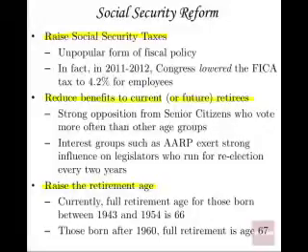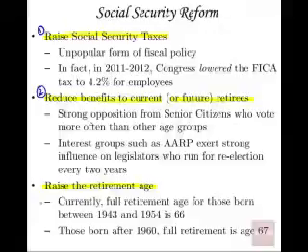So there are three possible ways you can look to try to solve the Social Security problem, and we'll go through possible pros and cons of each of these alternatives: raising Social Security taxes, reducing benefits to either current or future retirees, or raising the retirement age.